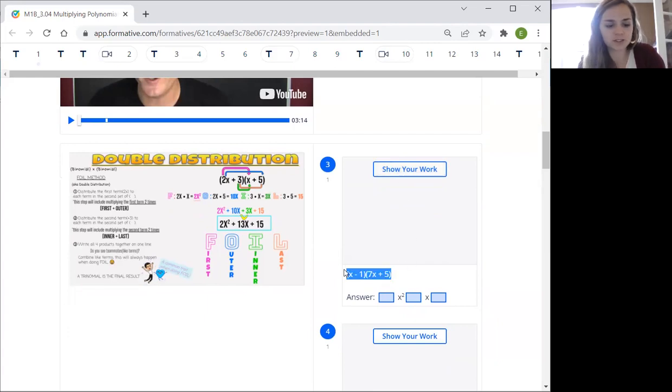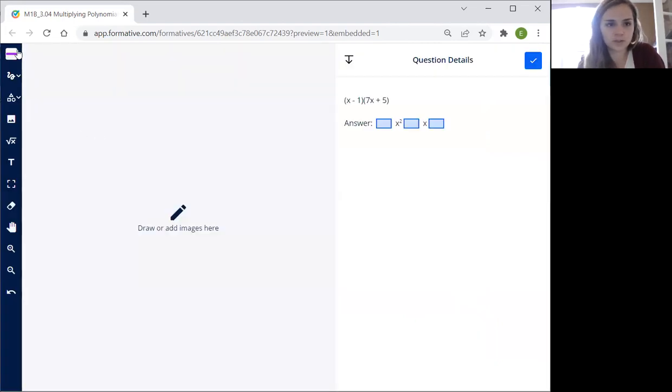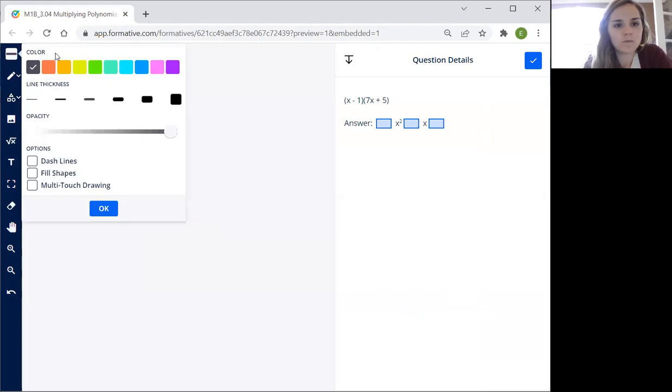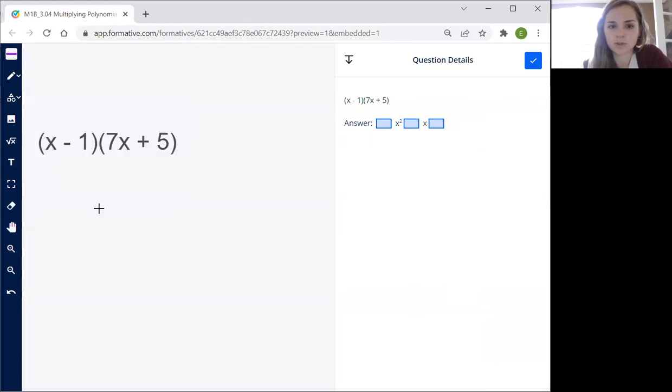So looking at this first one, go ahead, copy, paste it into your show your work box. Okay, and we want to distribute. So we want to first distribute the x. So we get x times 7x. Remember, we're multiplying coefficients, adding the exponent. So 7, there's nothing to multiply it with, so it's just 7.